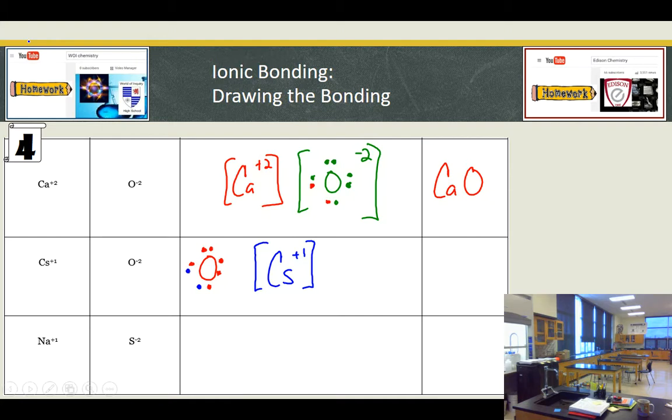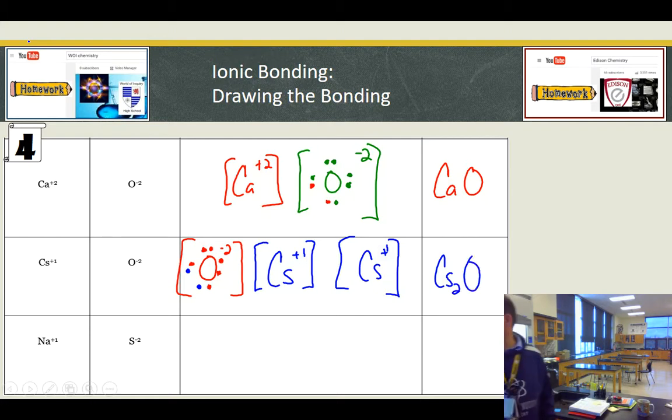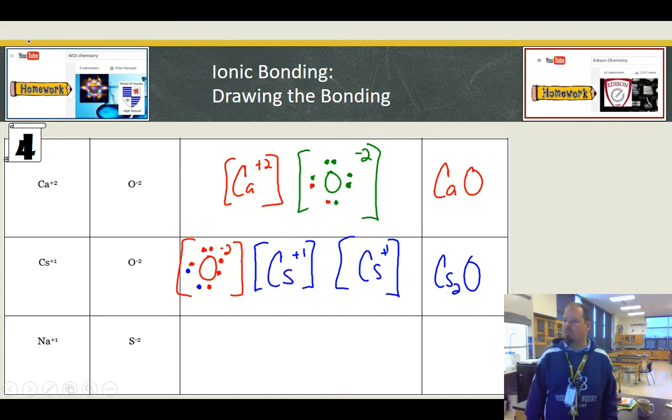Uh-oh, so we don't have enough cesiums. So he's a -2. So -2 and +1 do not equal out, so I need another metal. I need another Cs +1 in this case. Now they cancel out, so I have 2 Cs's. Always draw the metal first. Cs2O is my chemical formula. I have 2 Cs's and 1 O.